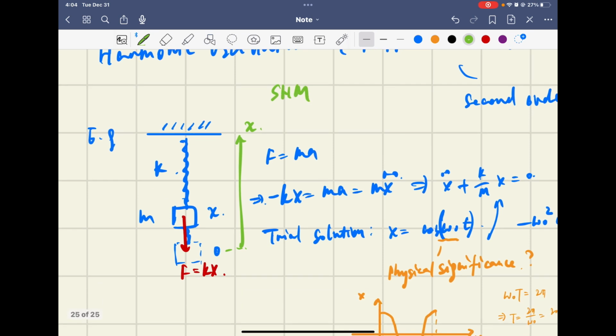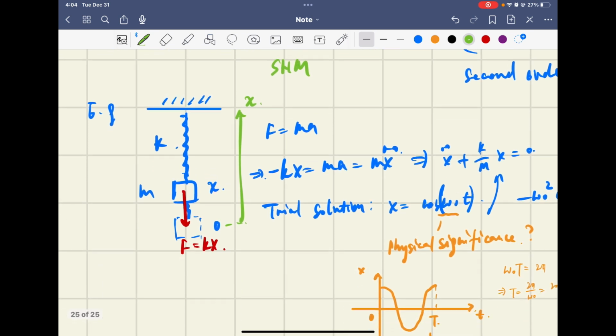So we just grab a moment from this motion, like I drew with the thick lines over here. It's at position x. It's moving up, obviously.